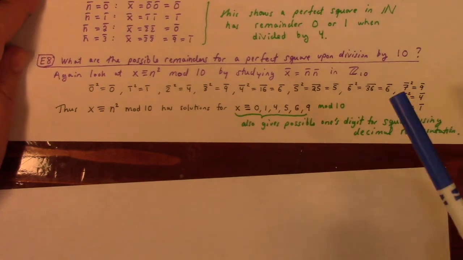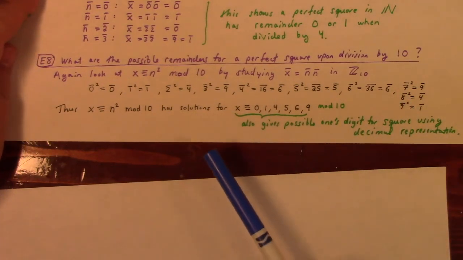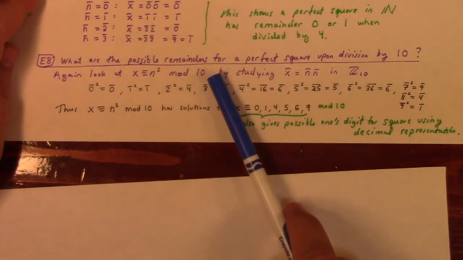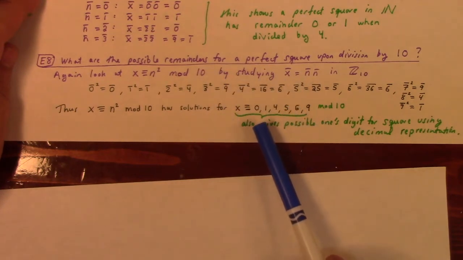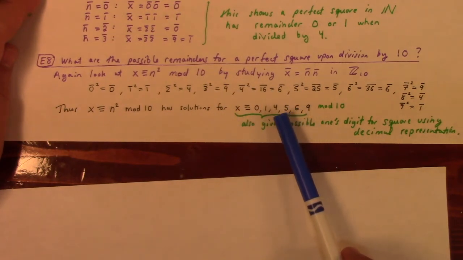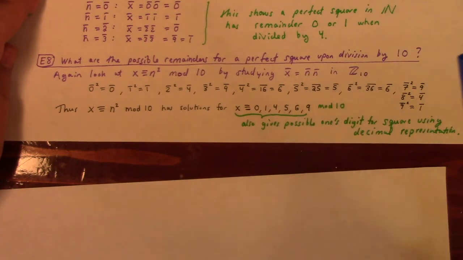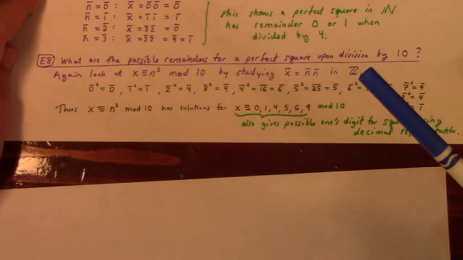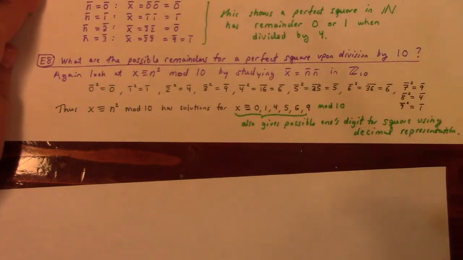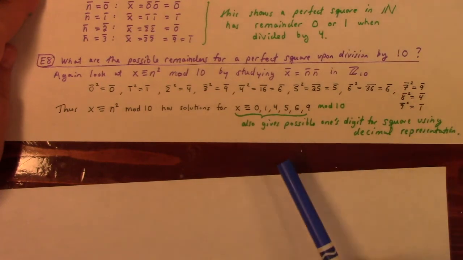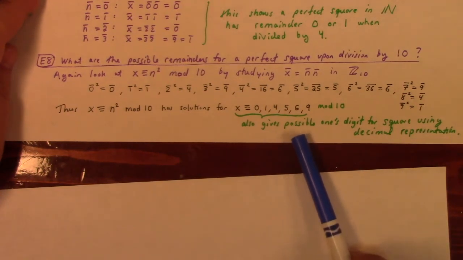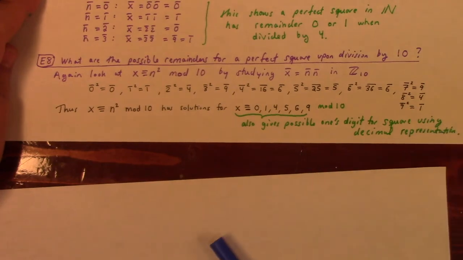If you sort through this, the only thing we get from squaring equivalence classes mod 10 is 0, 1, 4, 5, 6, or 9. And so these are the possible choices for the ones digit in squares.